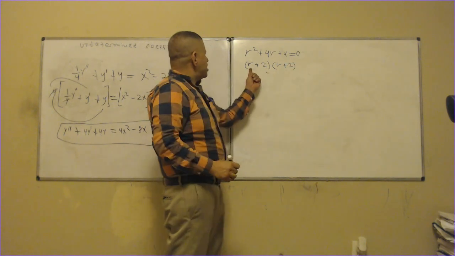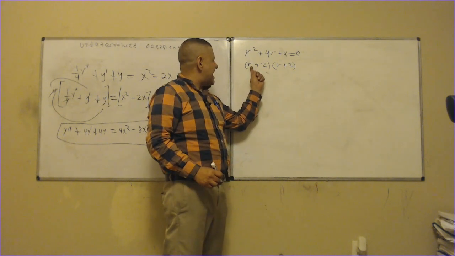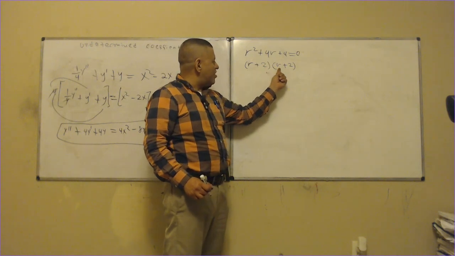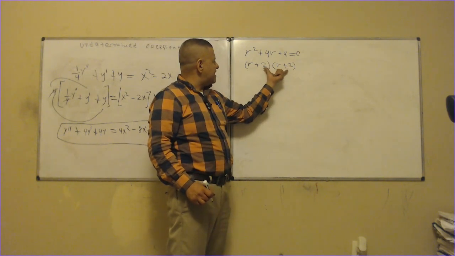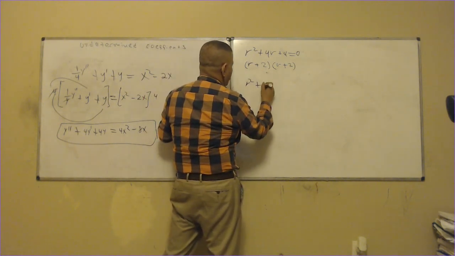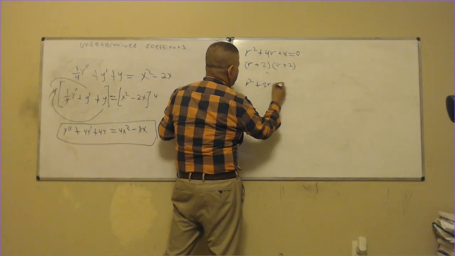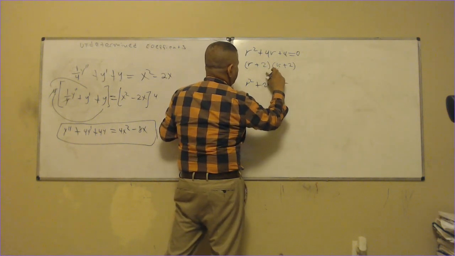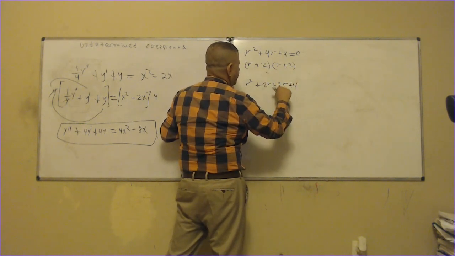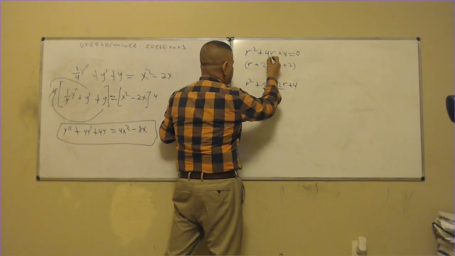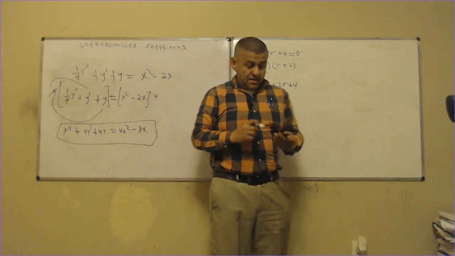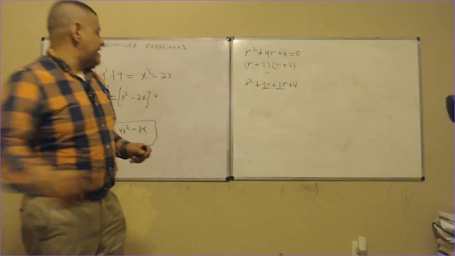Let's see. r times r is r squared. r times 2 is 2r. And then 2 times r is 2r, plus this times this is 4. So when I add those, my 2r's in the middle give 4r. That's the right factoring.